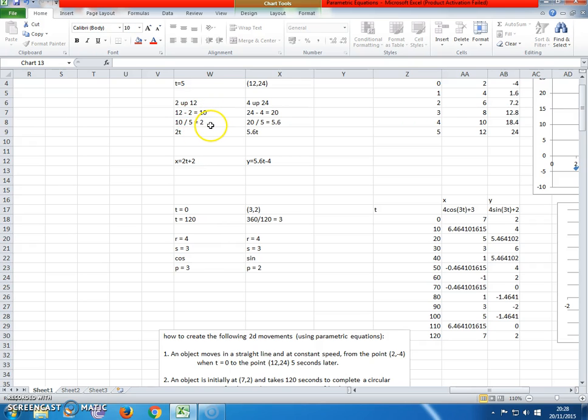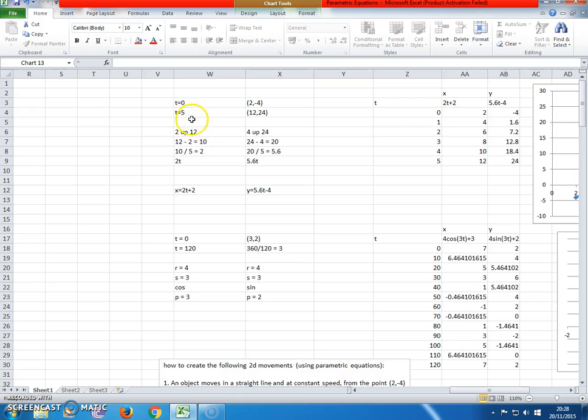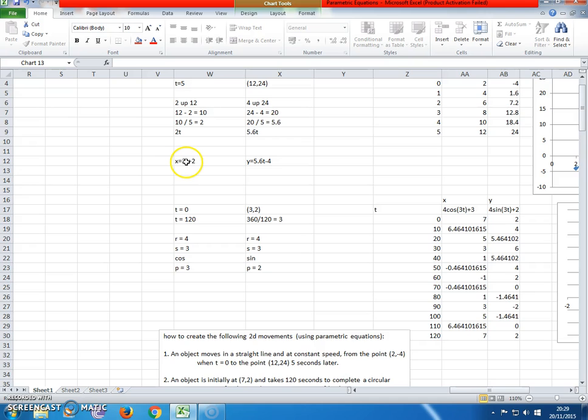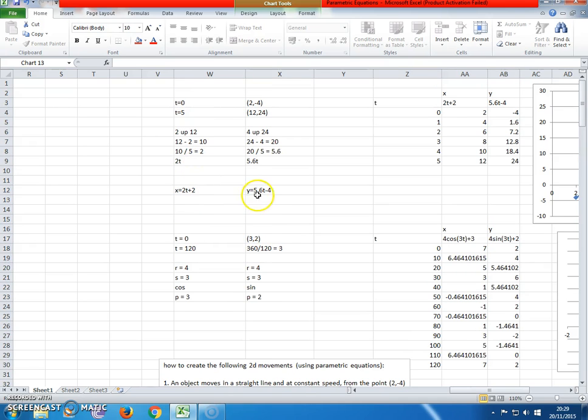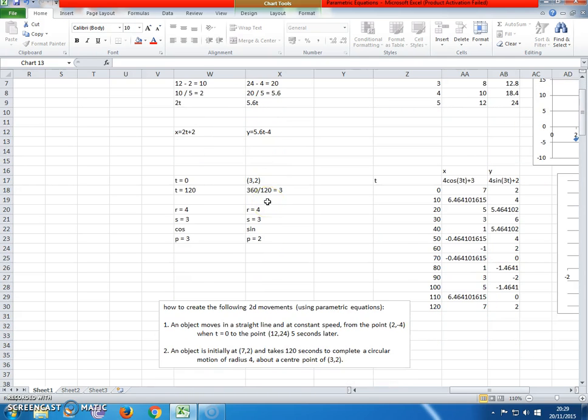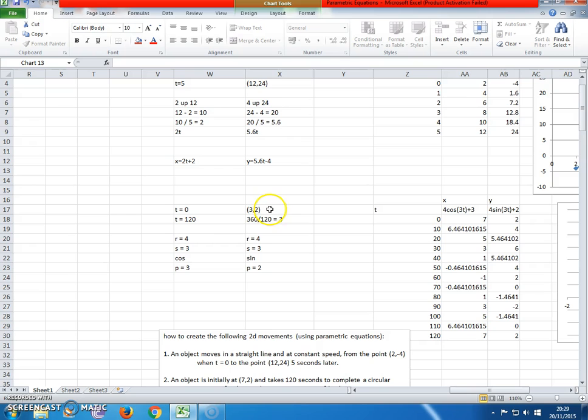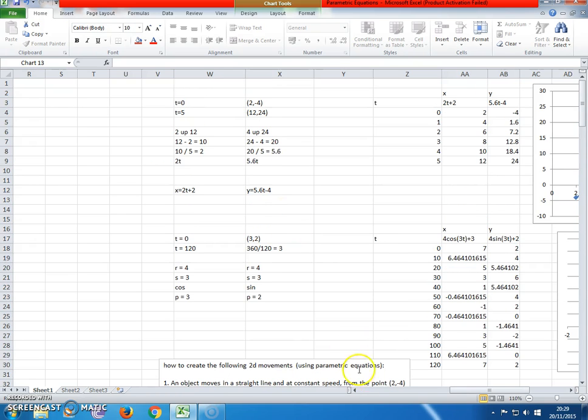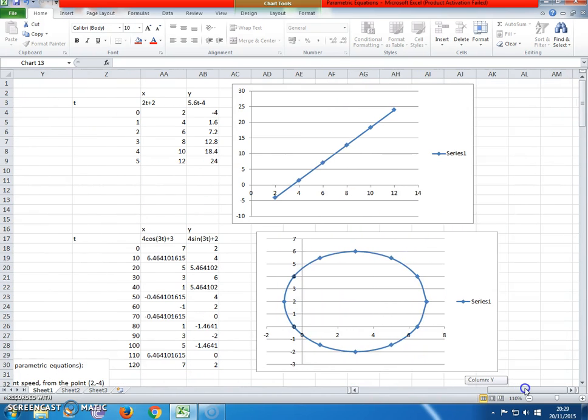You divide this by the time you want it to complete at, which is 5, and that gives 2 and 5.6, so that's the speed you have to move to do it in that time. So we have our equation written out here, plus 2 and plus 4, no, minus 4, because that's our initial beginning, we're not starting at 0, 0. So you have to add that into your equation. Right, okay, so when we draw that out, we get our line.